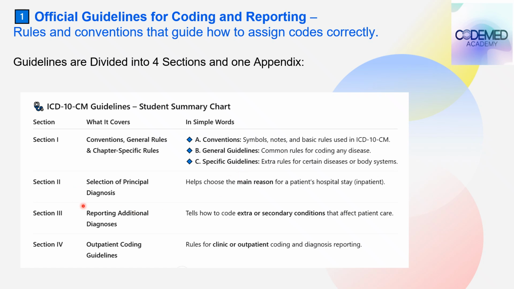Then there is section 2, which is selection of the principal diagnosis. Section 3 is reporting additional diagnoses, and section 4 is outpatient coding guidelines. This we learn for advanced coding, but this is a must for all coders to understand.